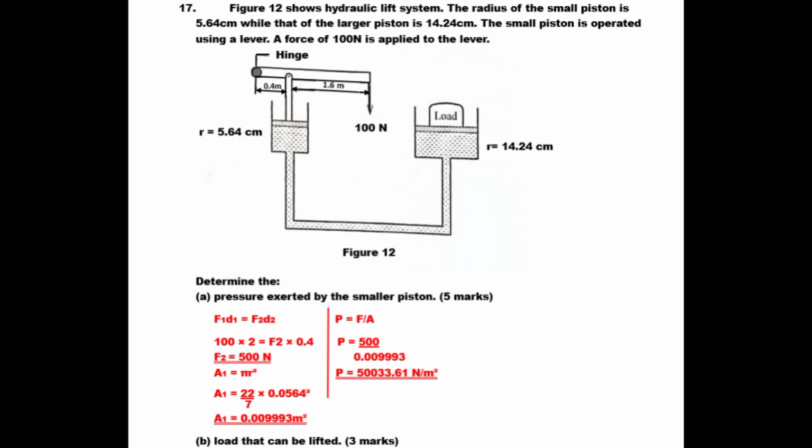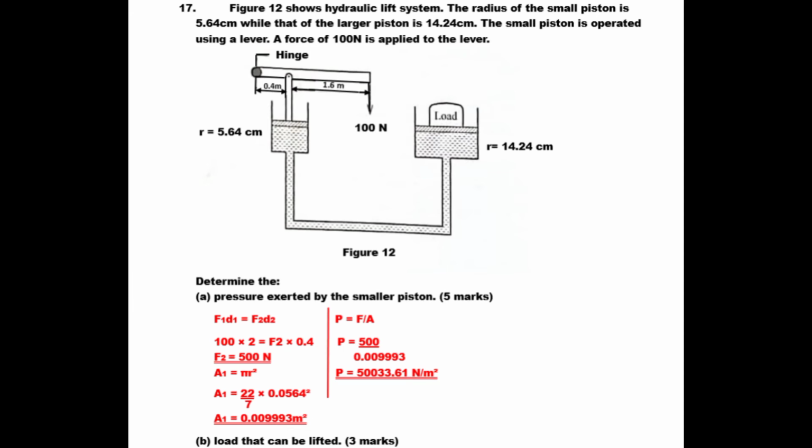Then we know pressure is force divided by area. But in that case, we still don't have area because we are given the radius, 5.64 centimeters. So we first get the area. Area of the piston is given by pi r squared. So 22/7 times 0.0564 squared, which gives you 0.0099993 meter squared.